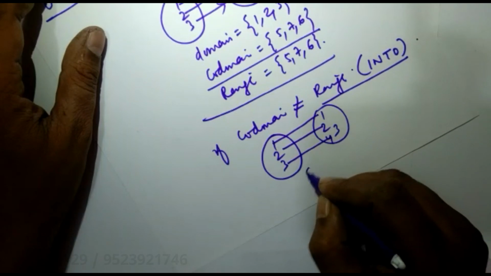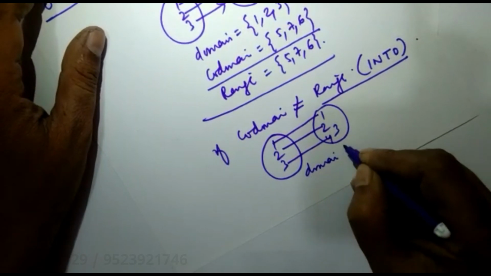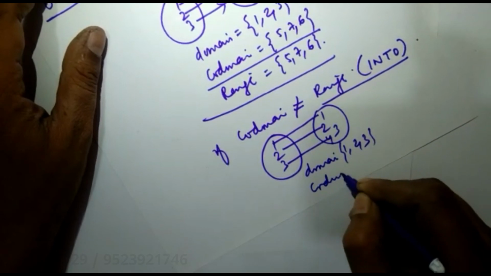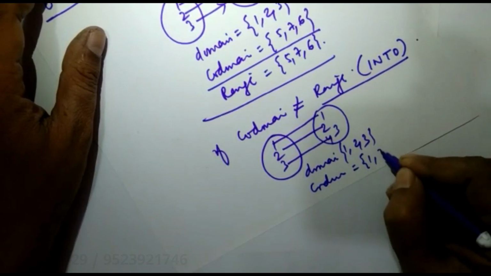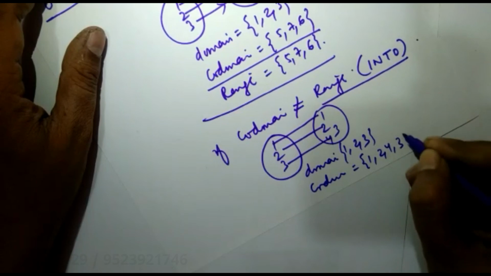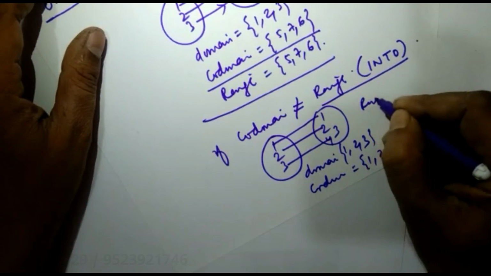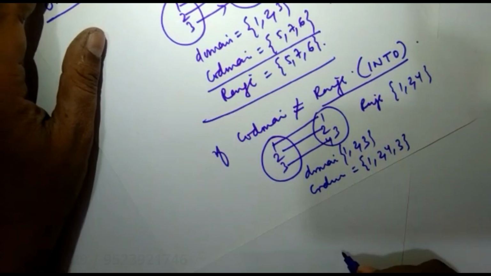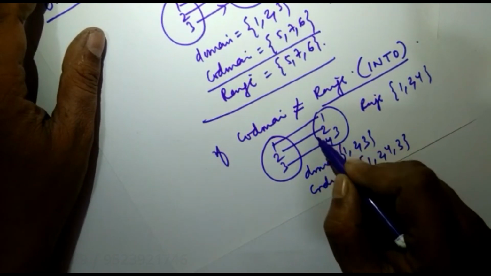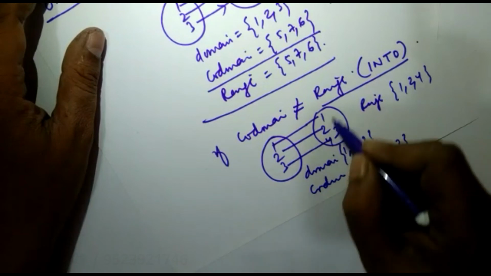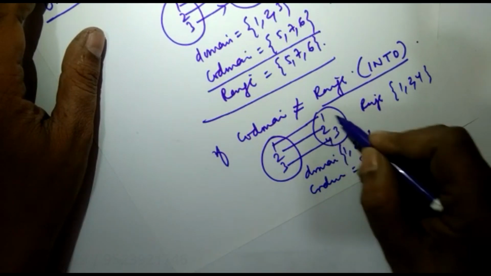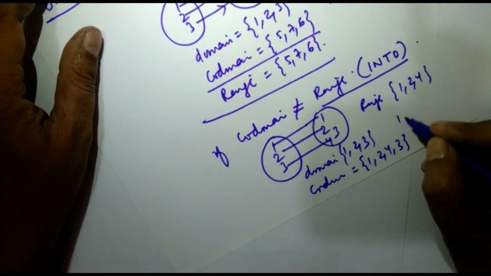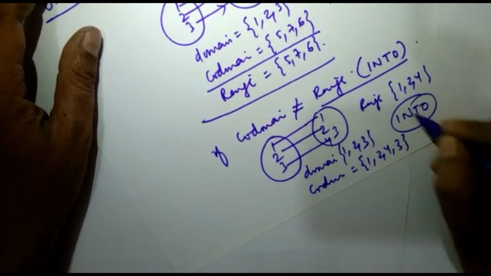Here domain is 1 2 3, codomain is 1 2 3 4, but range is 1 2 4. That means only the proper mapping is range, and all the elements in this box are called codomain. Here codomain and range are not equal, so this function is into function.